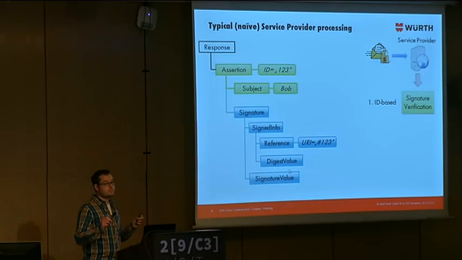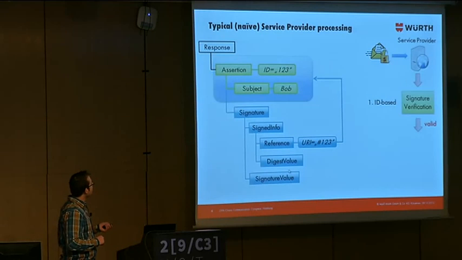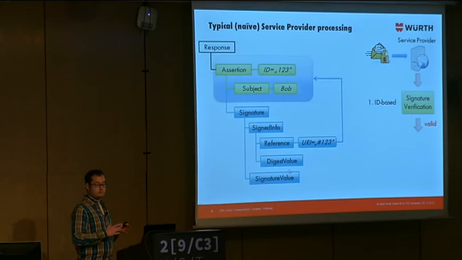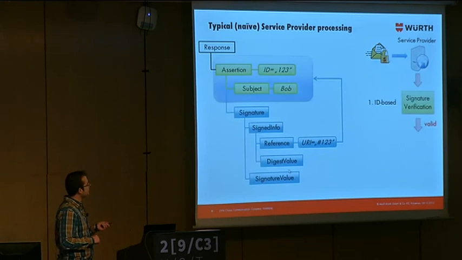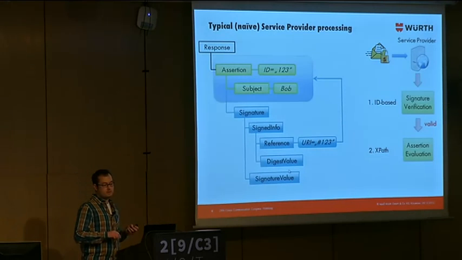This verification is ID based, which means the service provider looks at the URI attribute and searches this element in the XML tree and then knows which content is secured by the signature. Then the signature is verified and a Boolean value is given back. In this case, the signature is valid, so the next step can proceed. The next step is the assertion evaluation, which is XPath-based addressing.